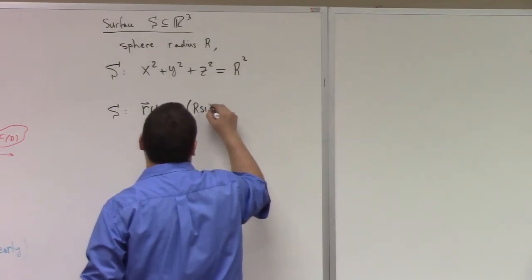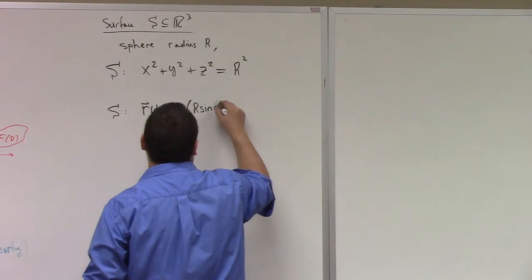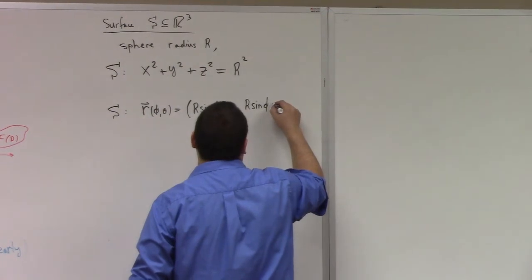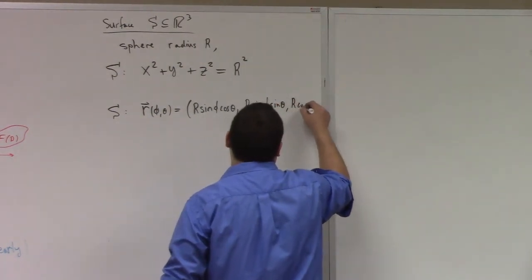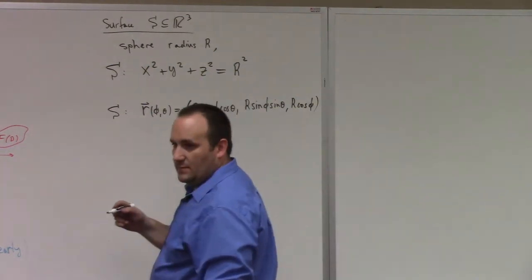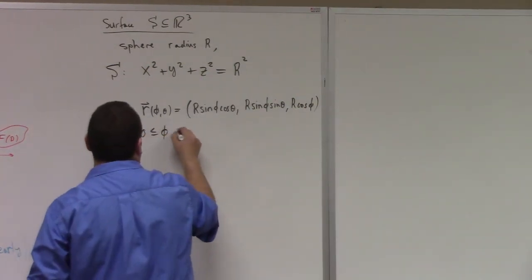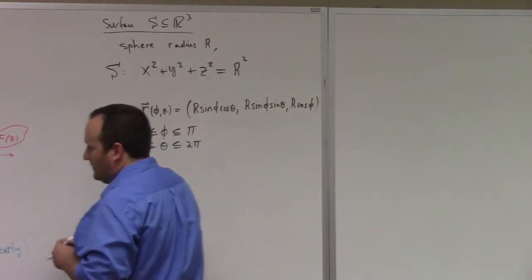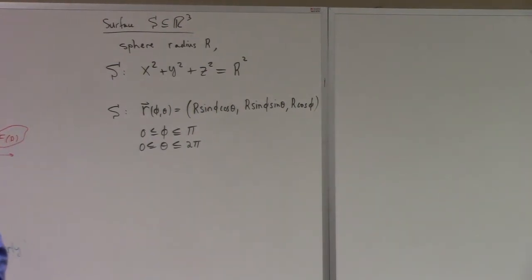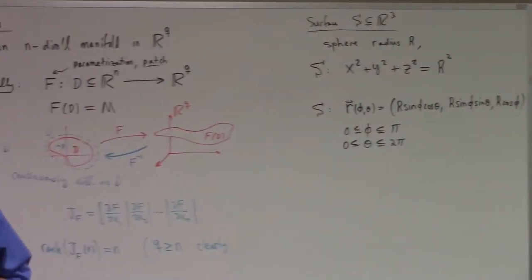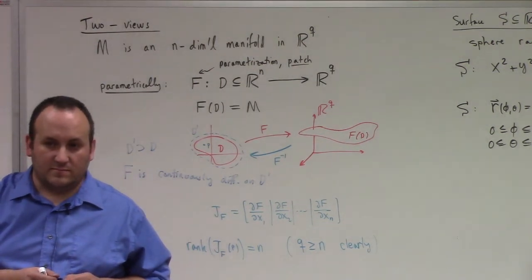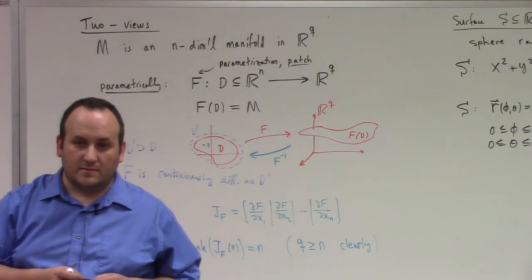R sine phi cosine theta, R sine phi sine theta, R cosine phi, with 0 less than or equal to phi less than or equal to pi, and 0 less than or equal to theta less than or equal to 2 pi. You see, I've already violated my continuous differentiability, because this is not a continuous function on the sphere because of the angle degeneracy. If you're being picky, it's not a patch on the sphere in that sense.